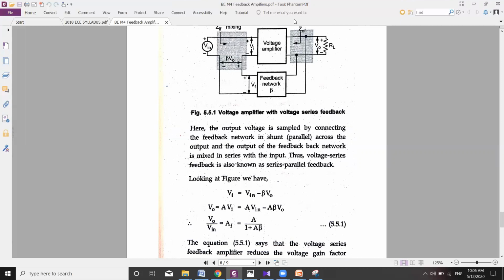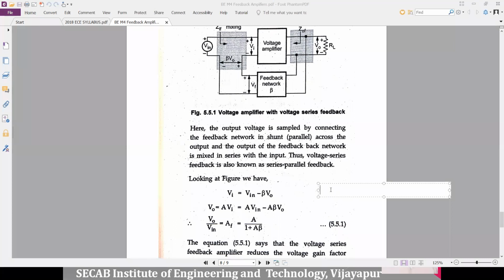So we have V naught is equal to, after you send this part over here, plus A beta V naught.